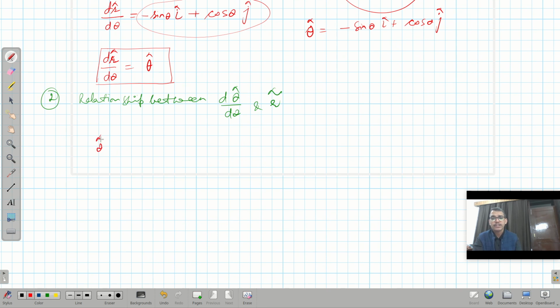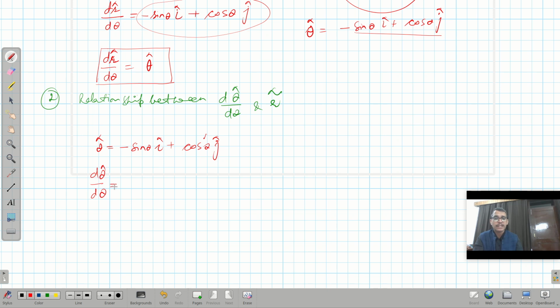For this, let us recall theta cap, which is the one I have written here. It is minus sine theta i cap plus cos theta j cap. Now if I take its derivative with respect to theta, again i cap and j cap are constant directions, along x and y respectively.